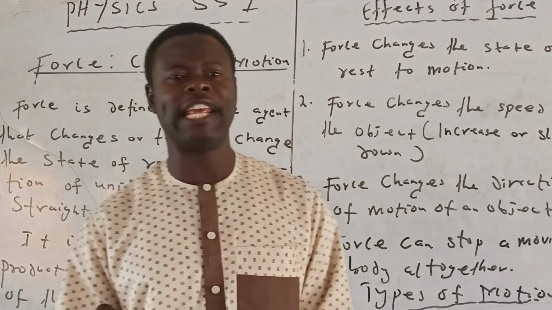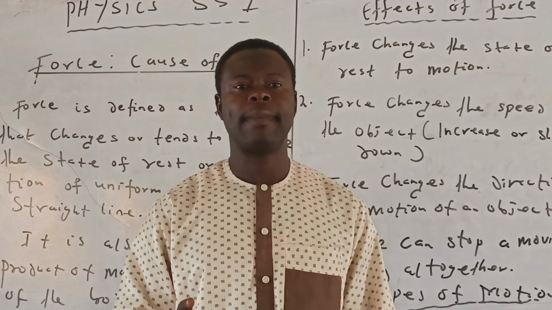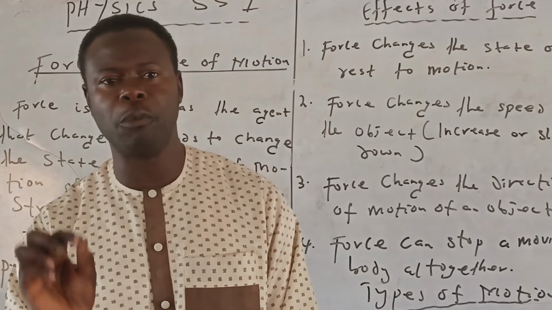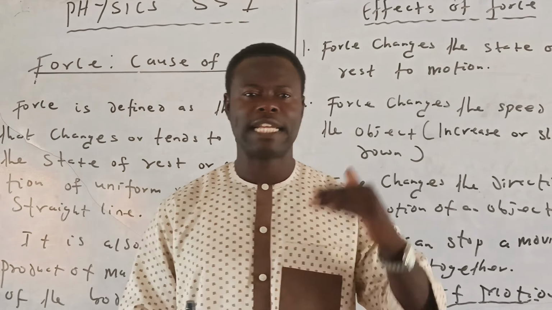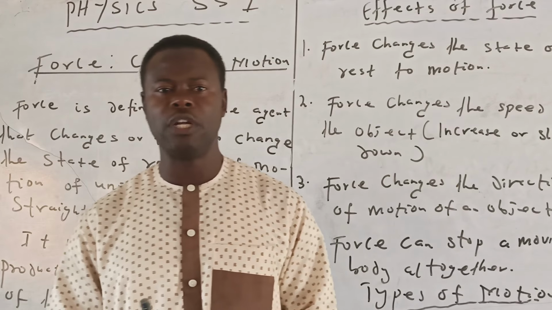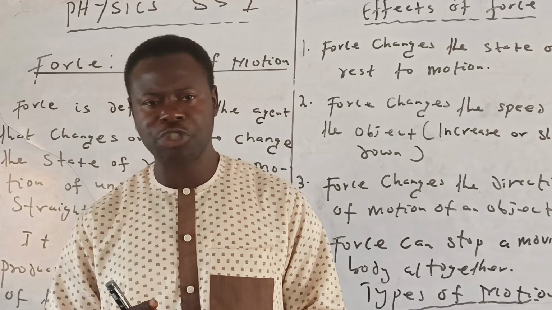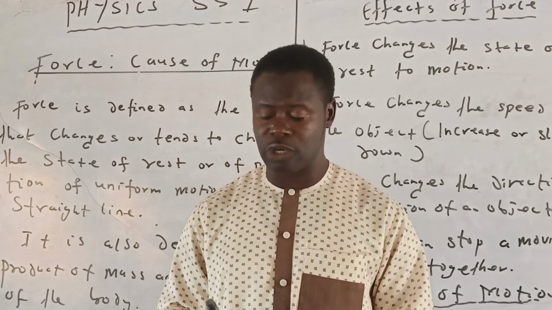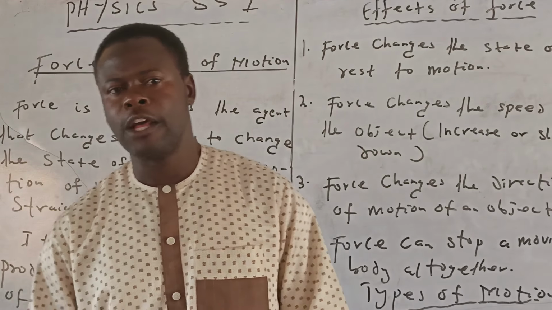Whenever you are defining motion, you must mention time to make your definition more accurate. We also looked at types of motion: random motion, circulatory motion, vibratory motion, and relative motion.